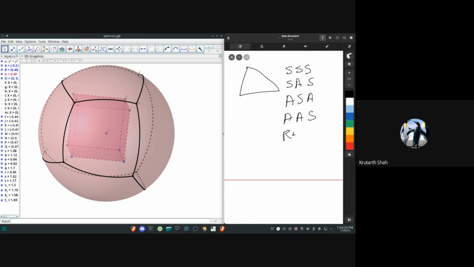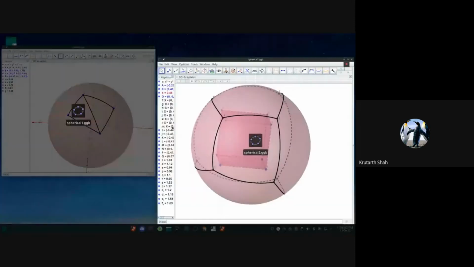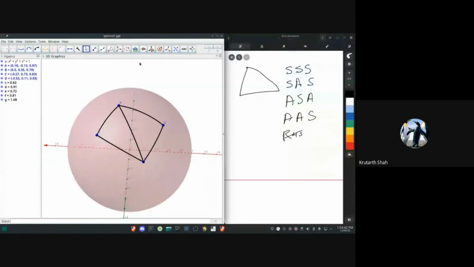Okay, we'll ignore RHS for now. So we want to see what congruencies hold in spherical geometry as well. So first I'll define poles and polars.